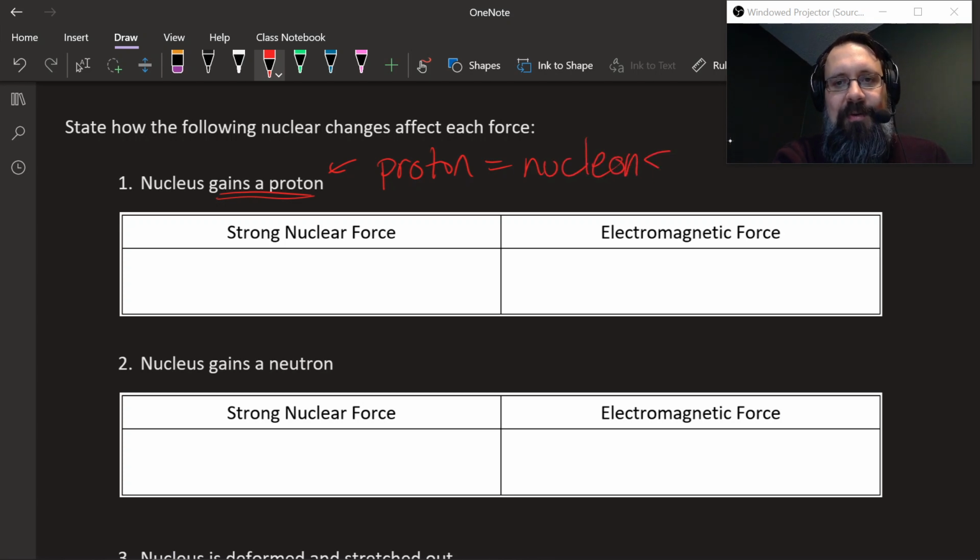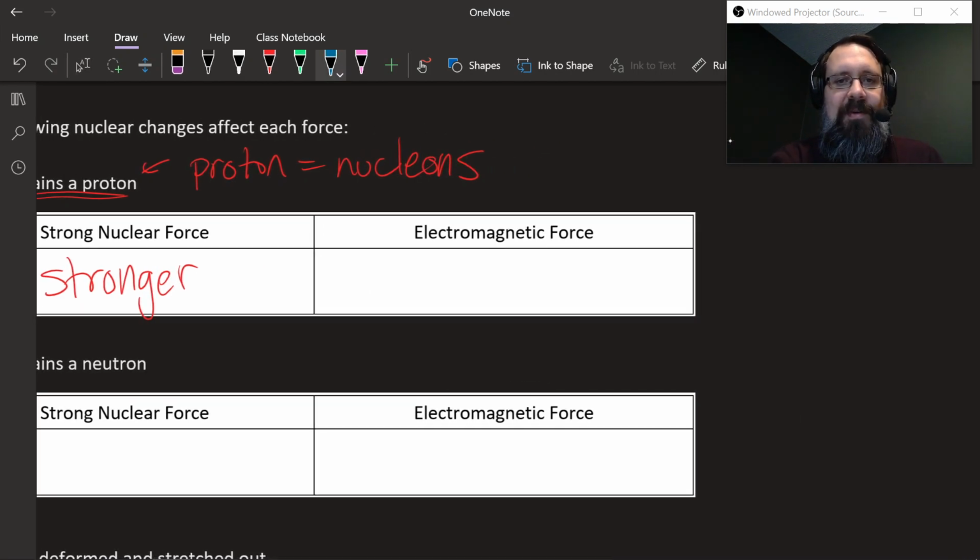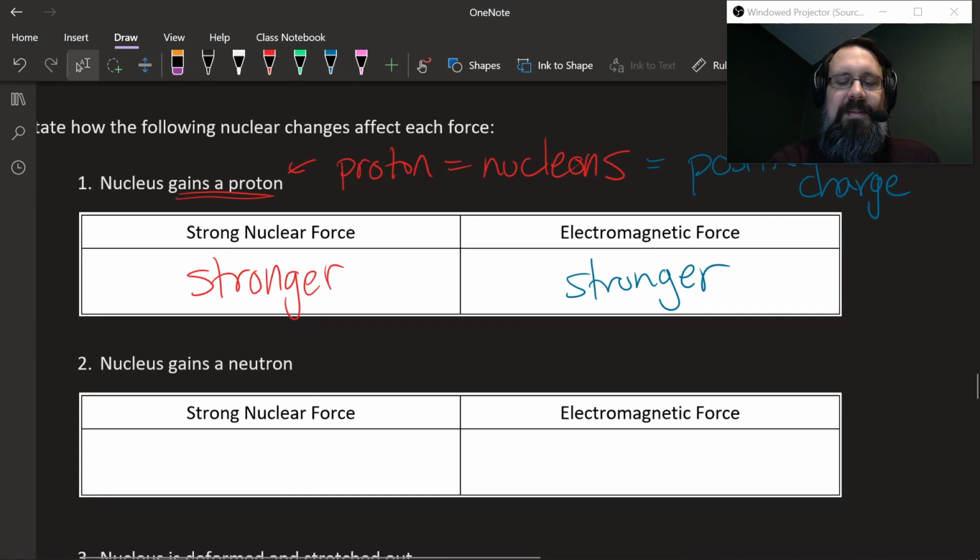A proton is a nucleon, so it's going to get stronger. If you get more nucleons, you get more strong force. What about the electromagnetic force? A proton is also a positive charge, so it gets stronger as well. If you add a proton to a nucleus, both these forces get stronger.